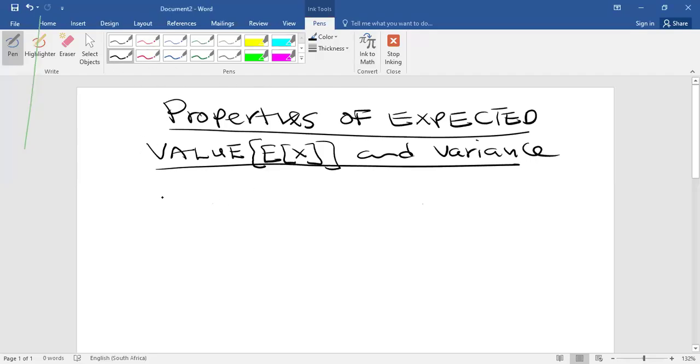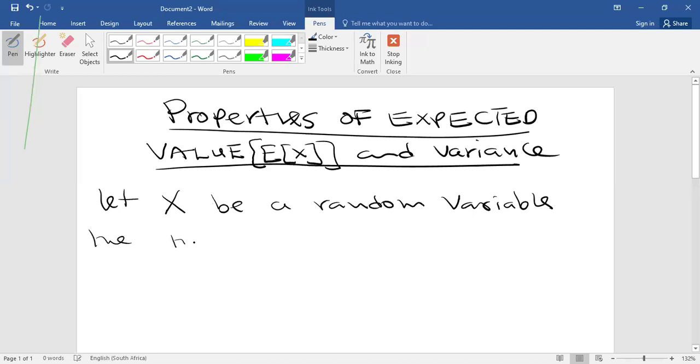Okay, so properties of expected value. Let X be a random variable.